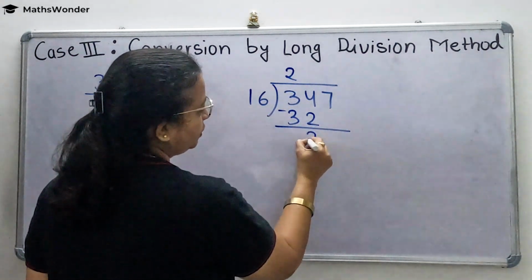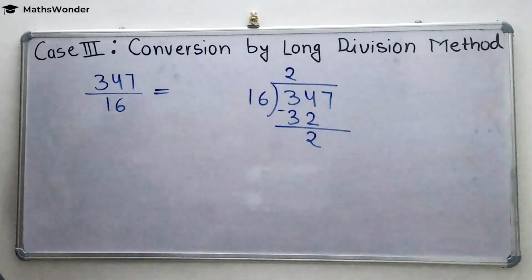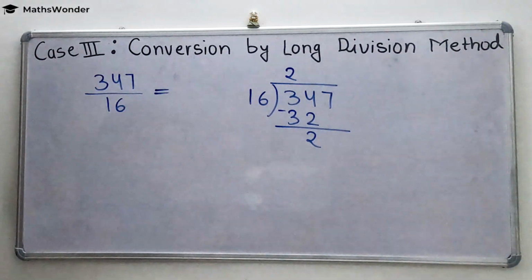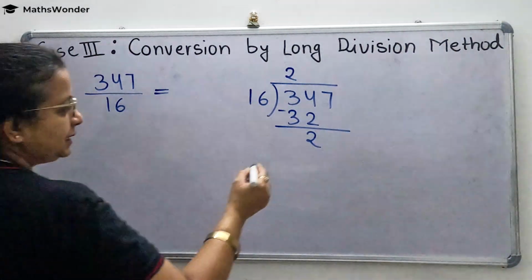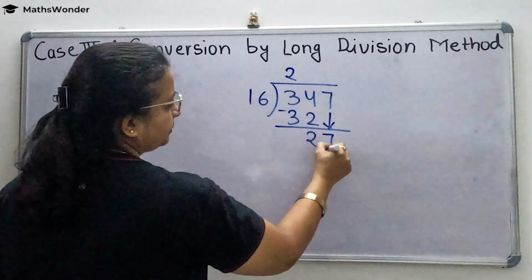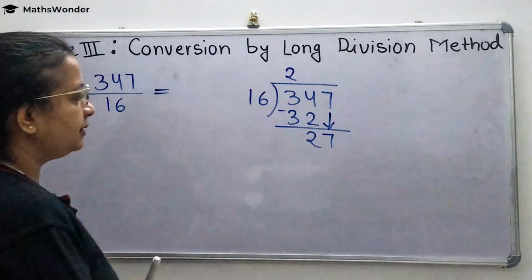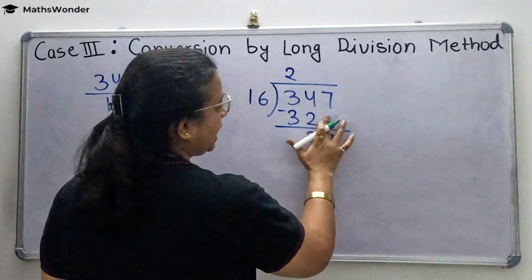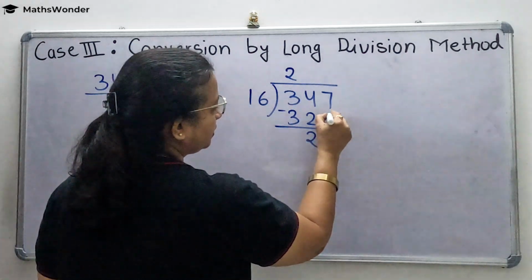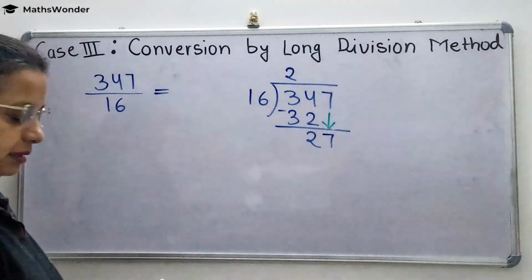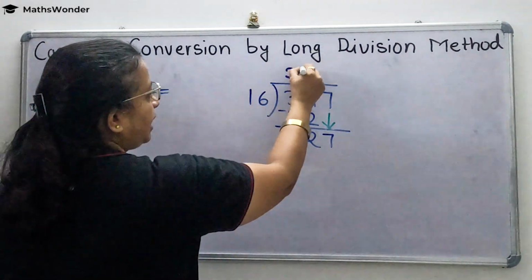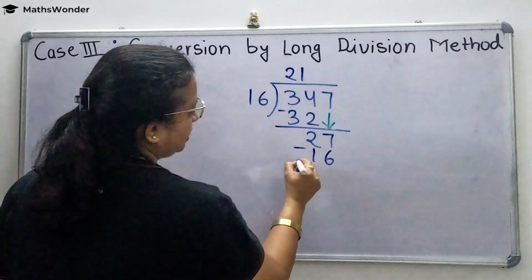You will subtract. Now 2 is not divisible by 16, so you have to copy 7 here, in the middle. Now 16 times what will give 27? 16 times 1. So 27.